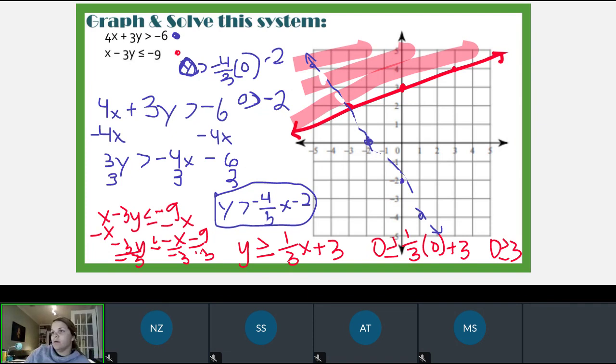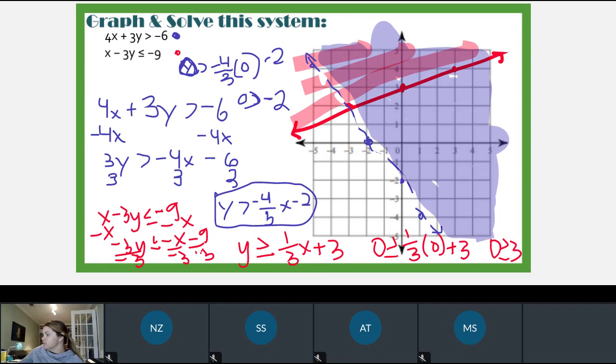Good job. So we would want to go ahead then and shade the side that contains 0, 0.